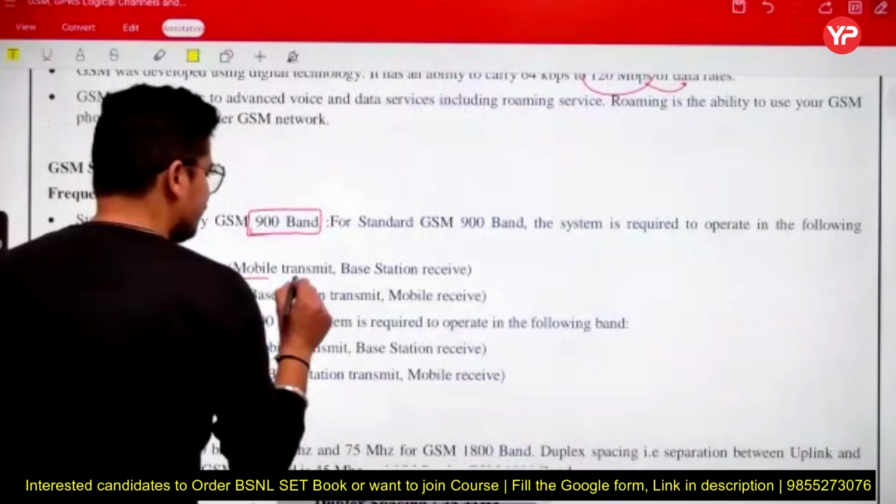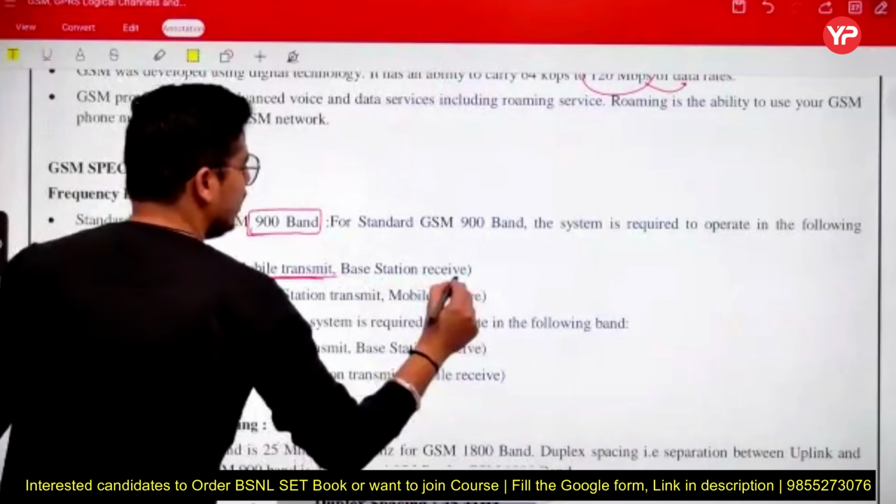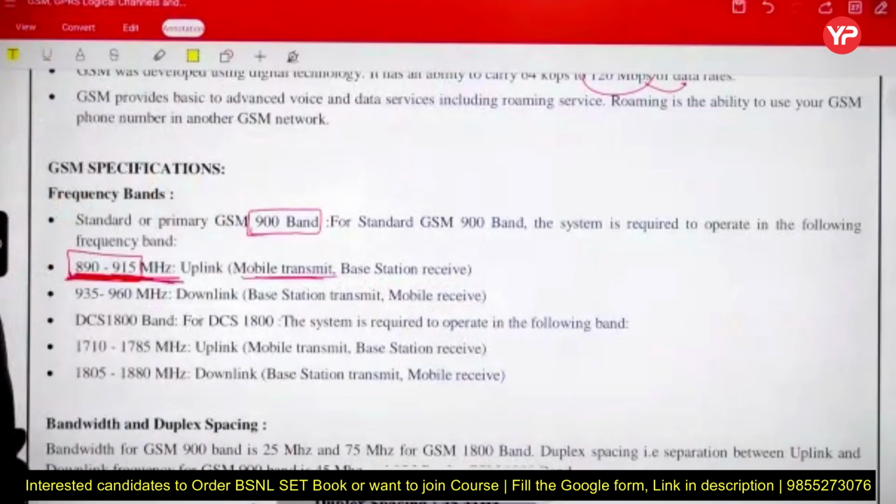This frequency is mobile transmit to the base station receiver. Is that clear? हाँ जी, ये समझ में आया कि नहीं आया? Right. So the other thing is downlink frequency. Downlink means whenever the information is traveling from the base station to the mobile receiver.